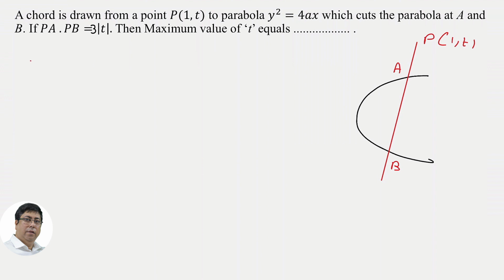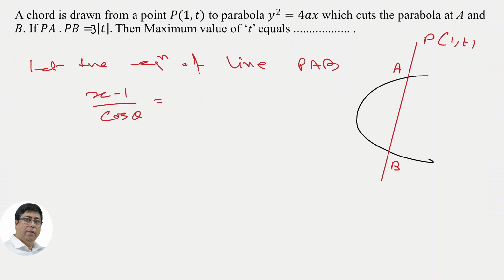Let the equation of line PAB is x minus 1 by cos theta equal to y minus t by sin theta equal to r.